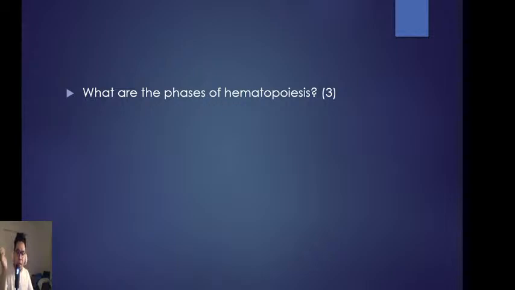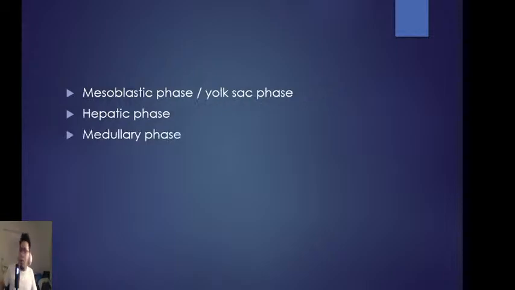From mesoblastic or the yolk sac phase, and then the hepatic stage, and then the medullary phase. Now, you might be asking, there's no spleen.